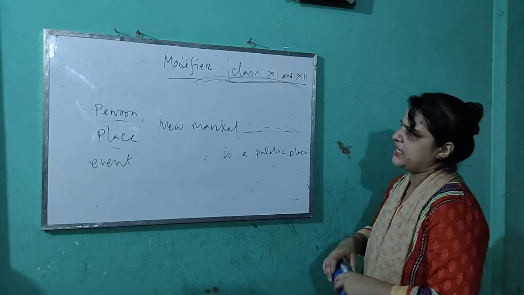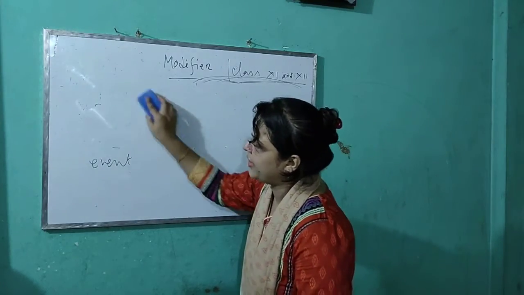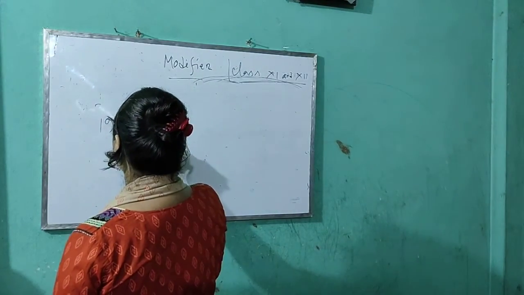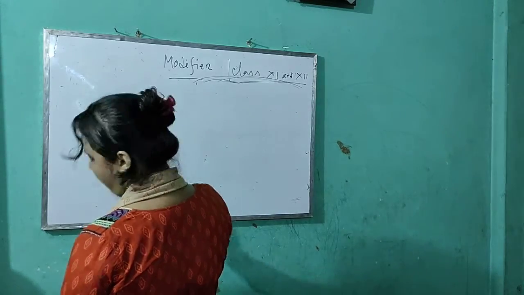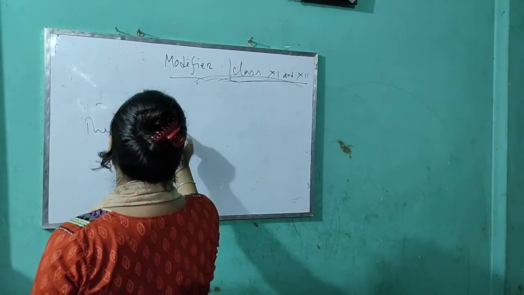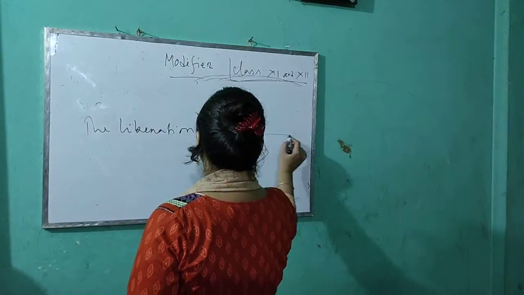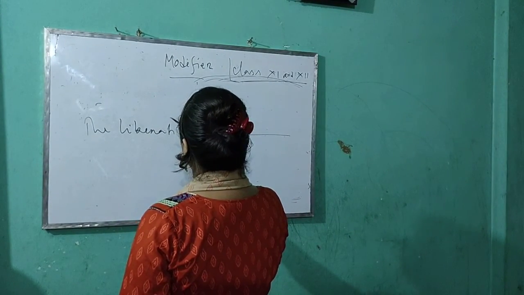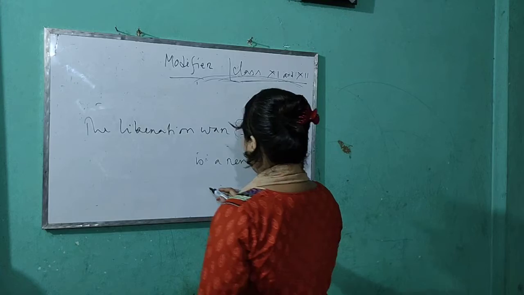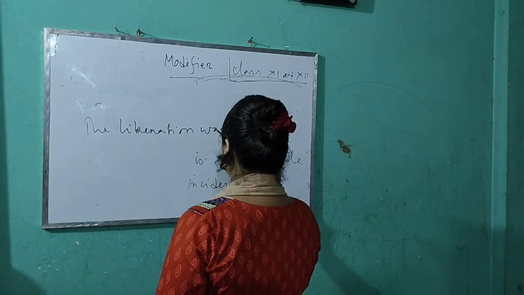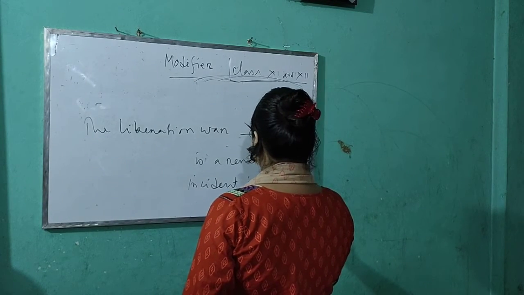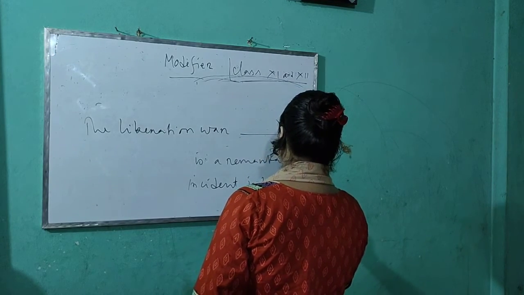Okay, so you can use an appositive on an event also, like you can say 1971, the liberation war is a remarkable incident in the history of Bangladesh.